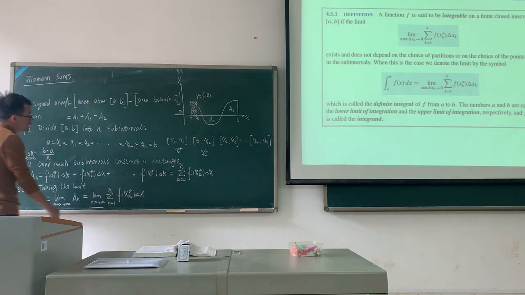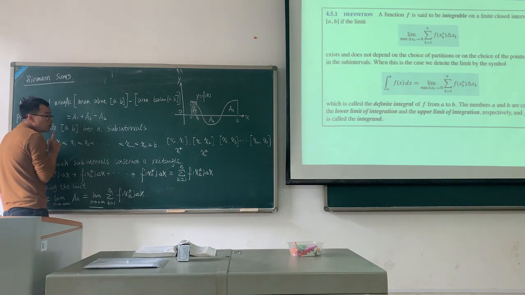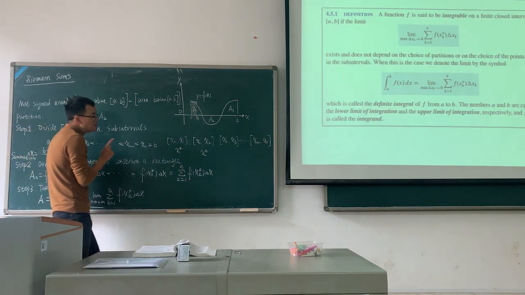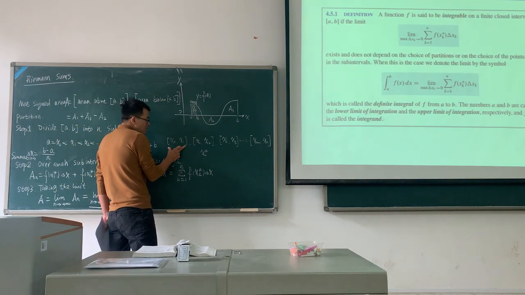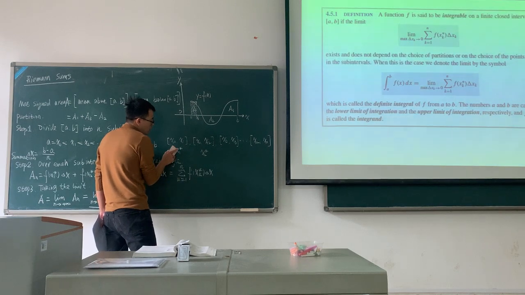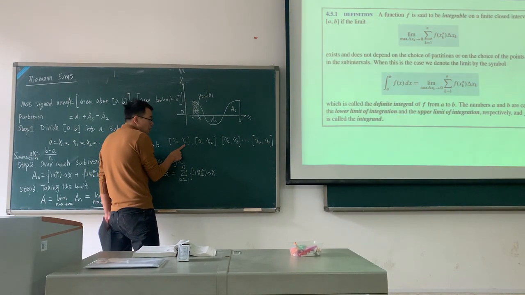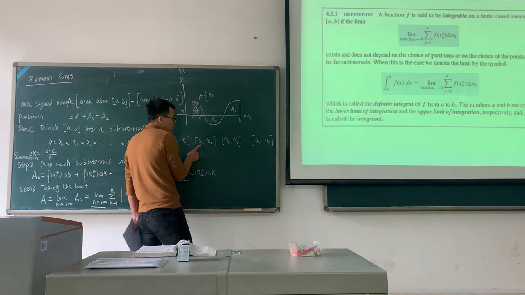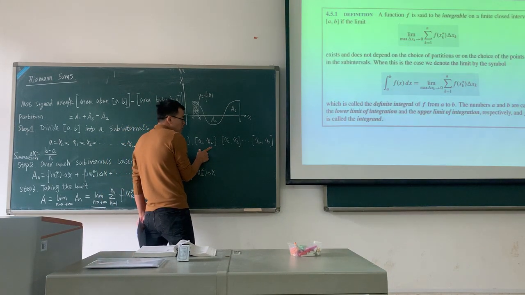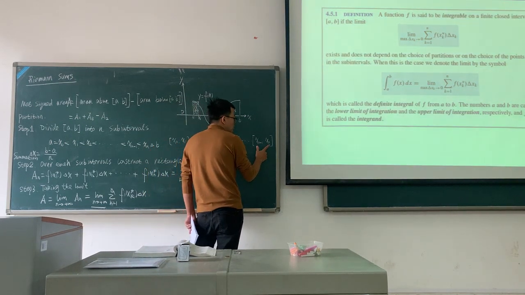Okay, so we have these nodes. So here we have n subintervals. The first subinterval is x0 to x1. The second subinterval is x1 to x2. The third is x2 to x3. The last one is x_{n-1} to x_n.